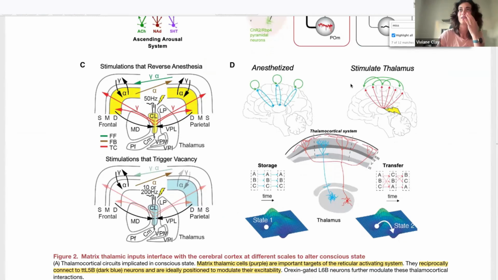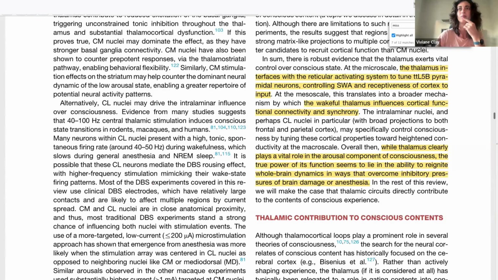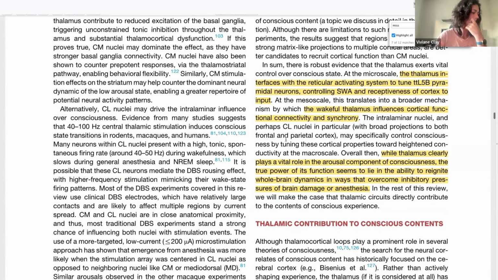Basically, when the animal is anesthetized, there's mostly local activity, but if the thalamus is stimulated, there's a more global spread of information and synchronization of activity. And it kind of modulates the threshold at which you become conscious of sensory perceptions.